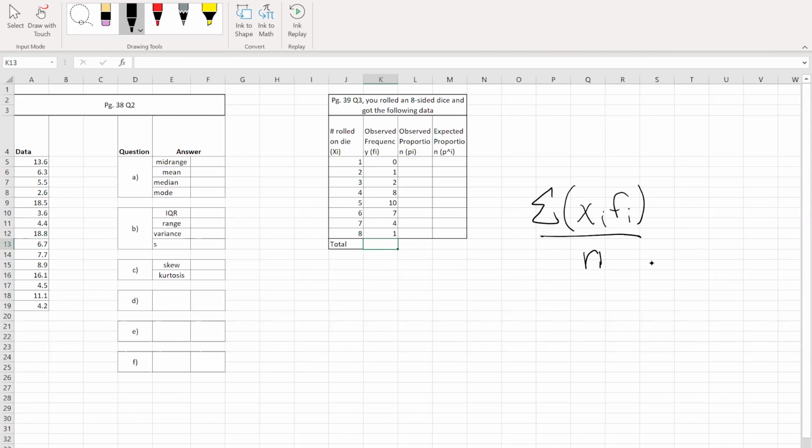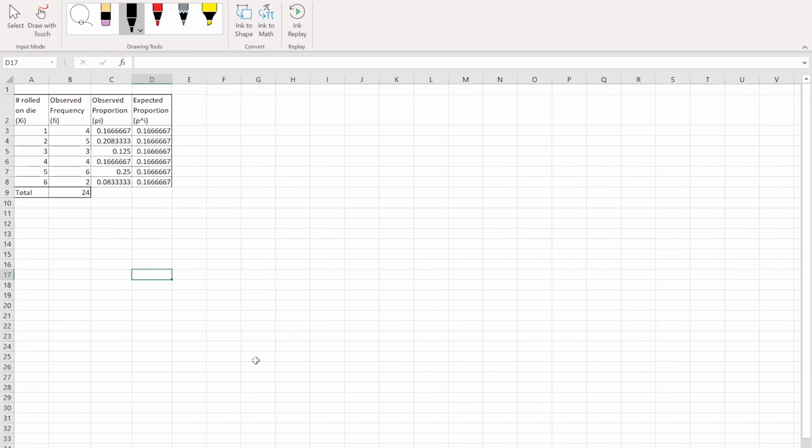So that will be this value times this value summed together. Actually, let me just show you a really useful function for that. So xi times fi. That's the first part of what you want to calculate, right?